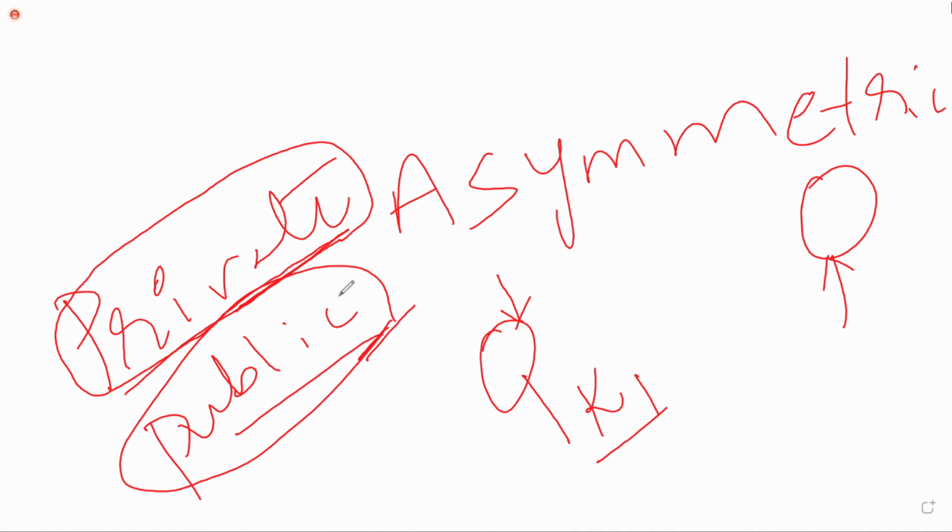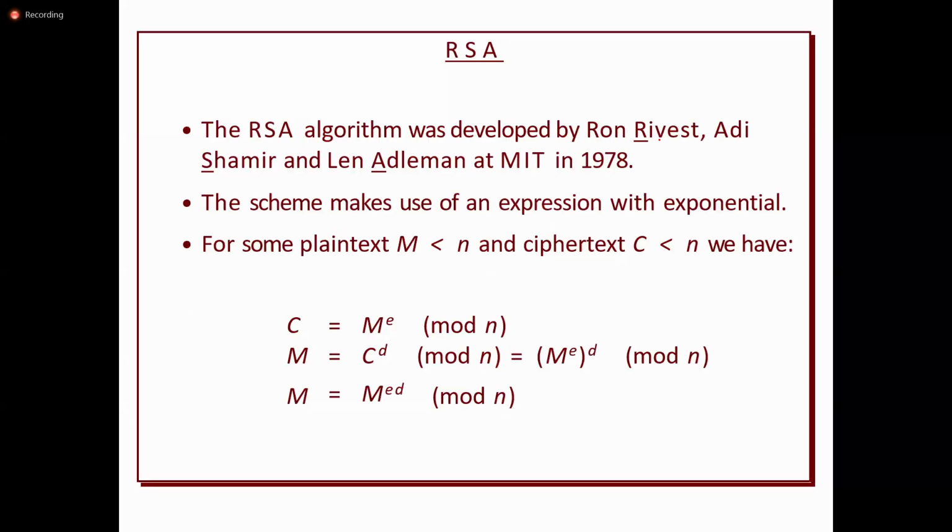So it was developed after the symmetric key crypto system. One of the algorithms of public key is RSA. The RSA algorithm was developed by Ron Rivest, Shamir and Adleman at MIT. These three persons' names together gave the name RSA algorithm.